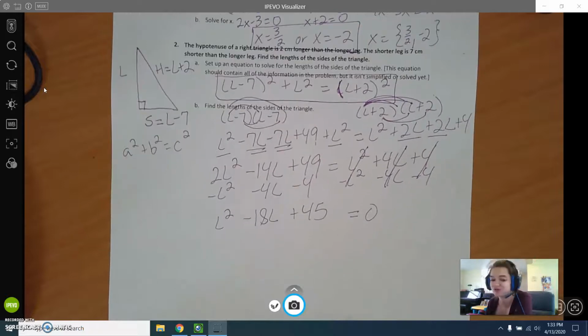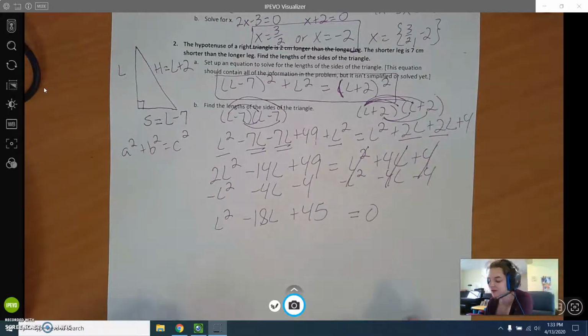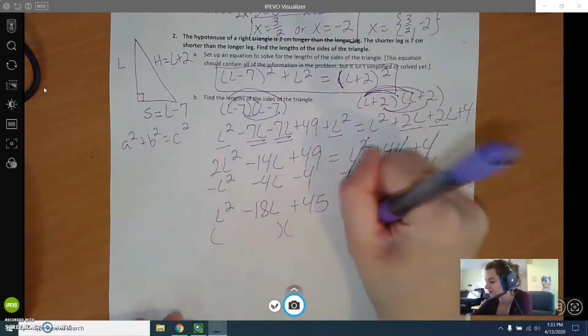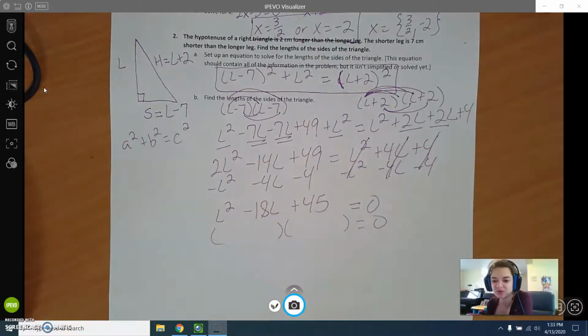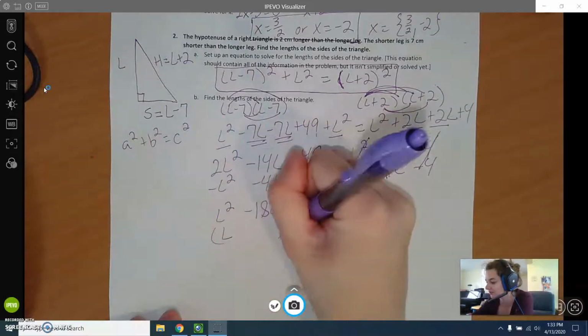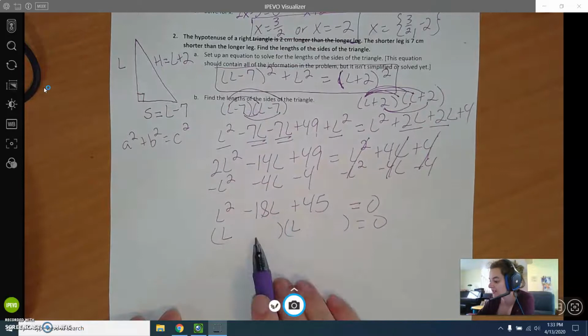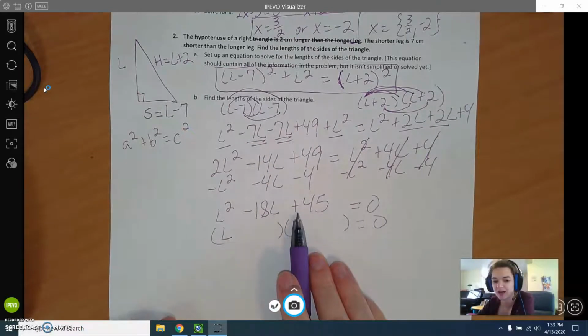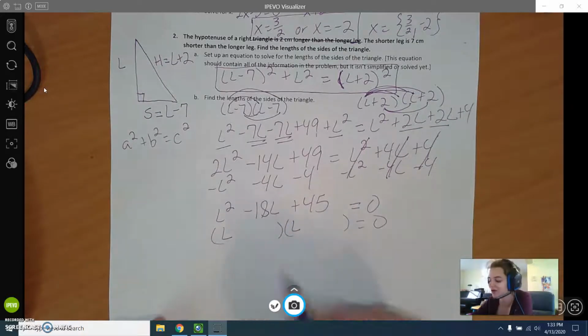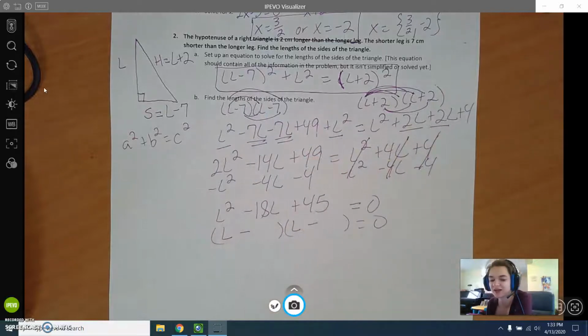So we are ready to factor it and solve it. It is another guess and check factoring. So I'll start out with 2 sets of parentheses. The first times the first gives you L squared, so that would be L times L. The last times the last multiplies to give you positive 45, so I know that they are the same sign. Looking at the middle term, it's a minus 18, so I'll have minus and minus to get there.